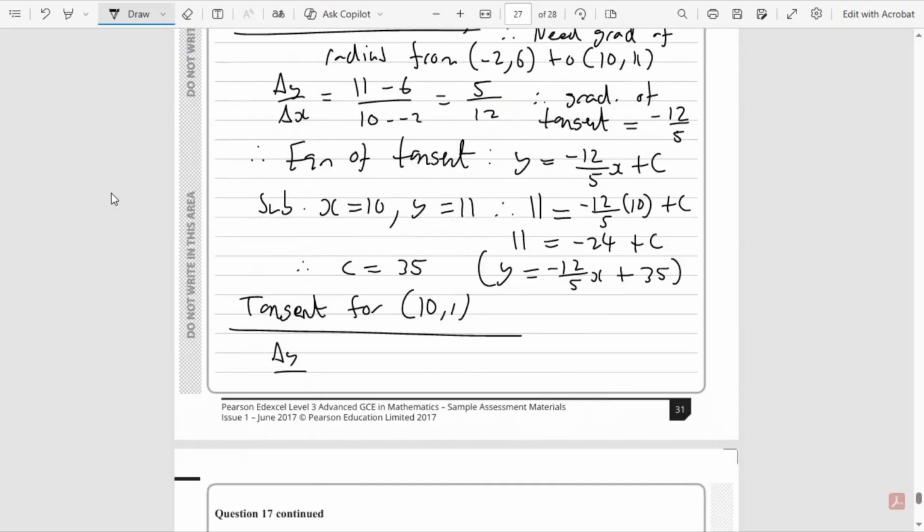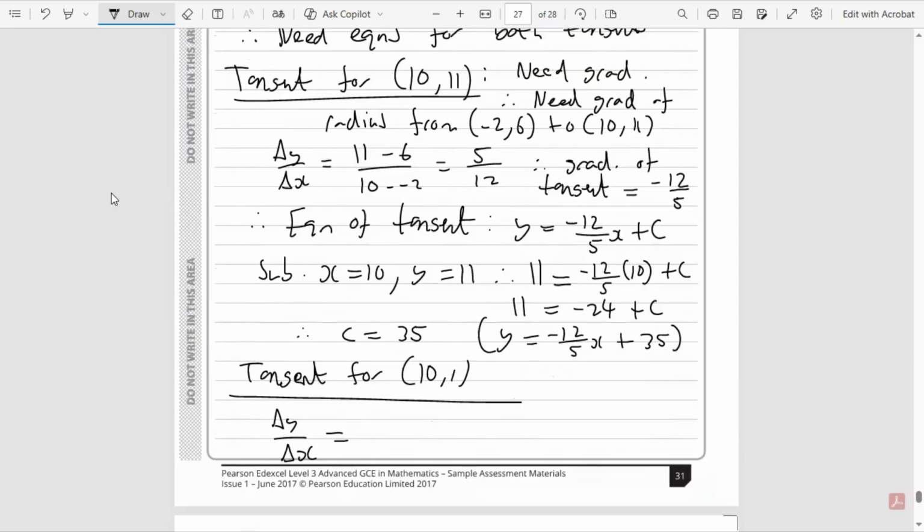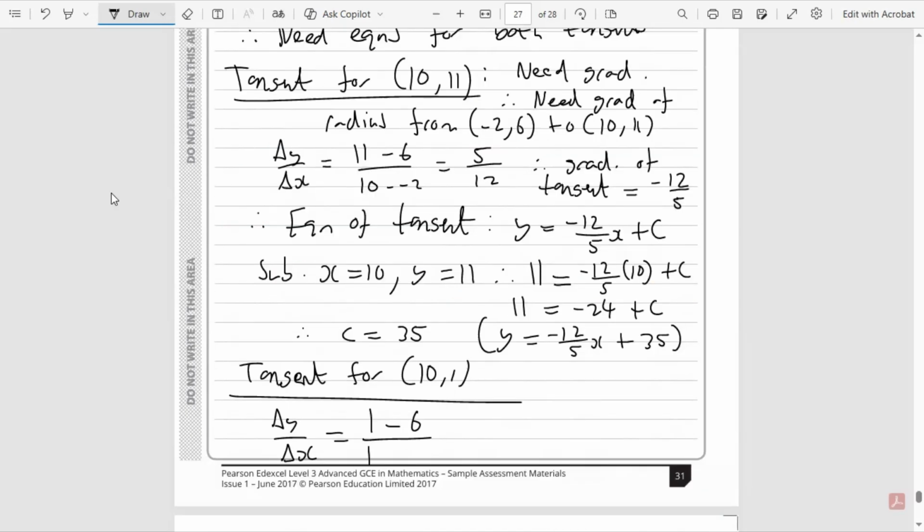So change in y over change in x for the line from the center to the point. The difference in the y values is 1 minus 6, and the difference in the x values is 10 minus 2. So this will be minus 5 over positive 12.